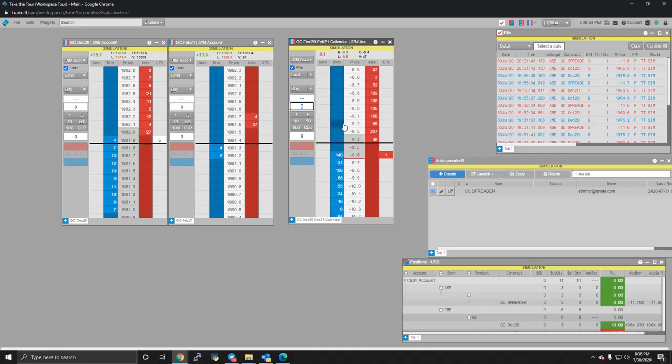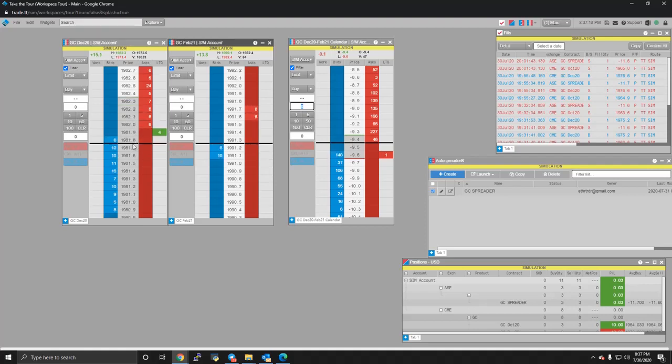They would be bidding up gold December relative to gold February 2021, which would bring the spread trending towards zero. If we think about what that means, if you look at the prices here in gold DEES and gold Feb, 1991, let's call it roughly, and then you have the decimals in there to make that 0.5.